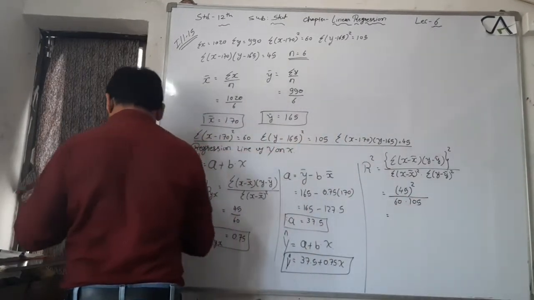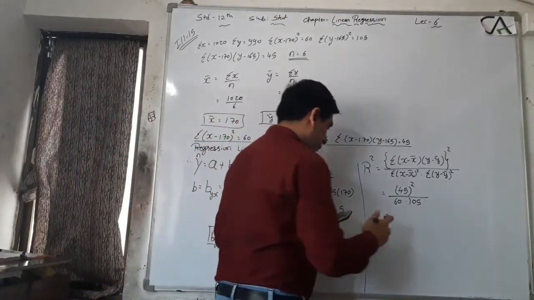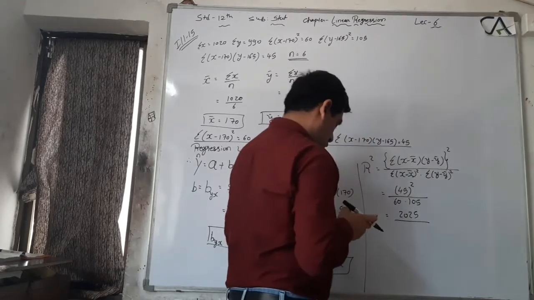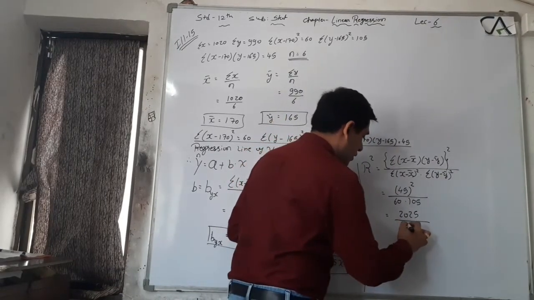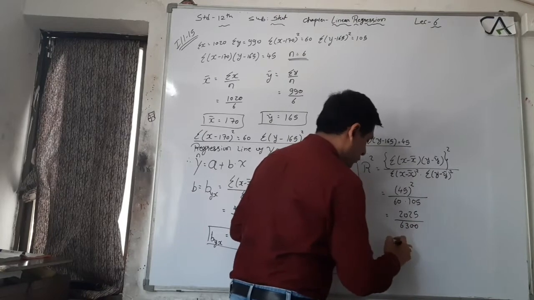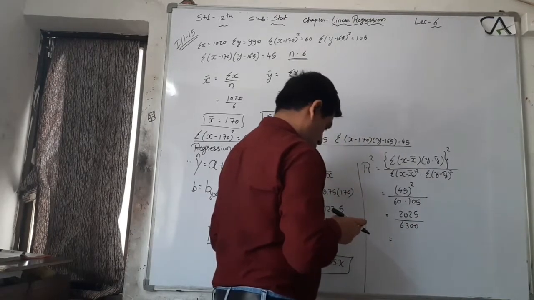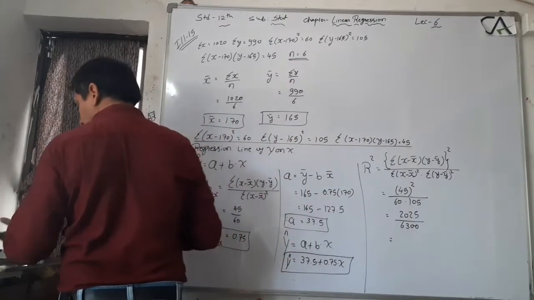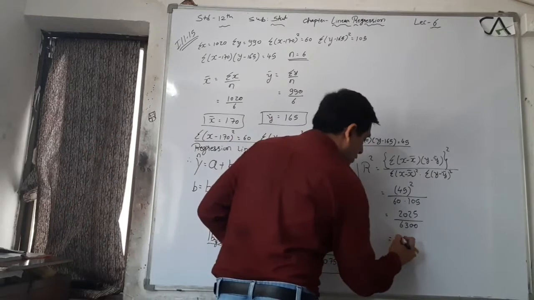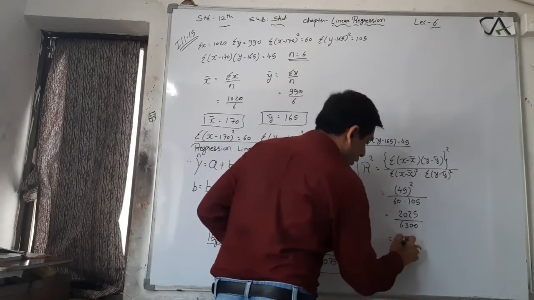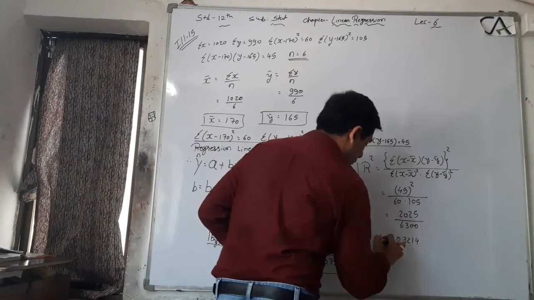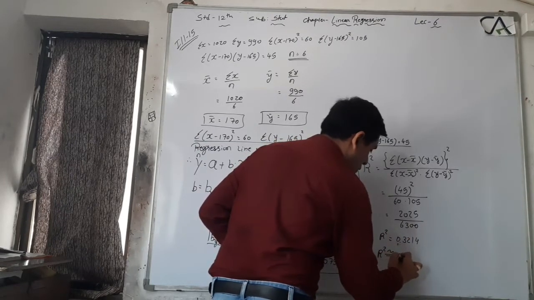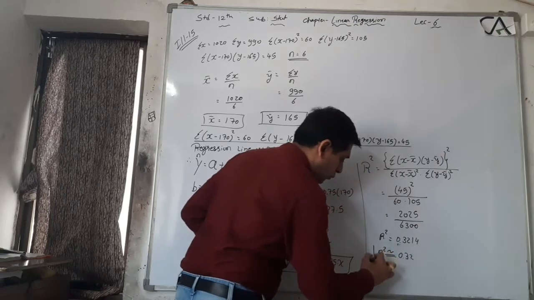So 45 square, that is 2025, upon 60 into 105, that is 6300. Okay, 0.3214. Your r square is equal to 0.3214. That means the approximate value of r square is 0.32.